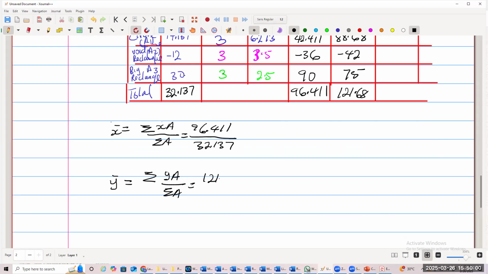I want you to tell me the answer for those. X bar is 3, and the Y bar is 3.786. This is centimeters. And I think the answer they have is 3.8, something like that. Yeah, approximately.